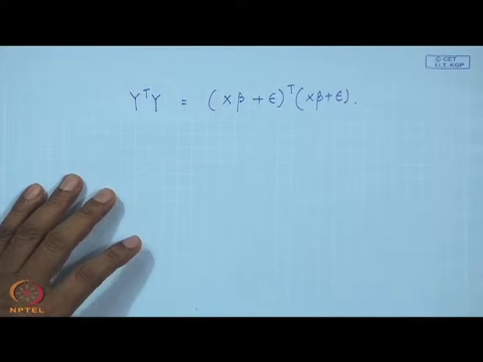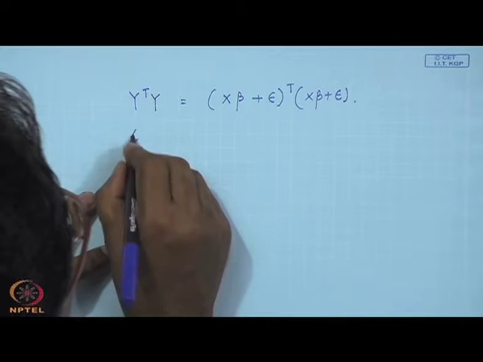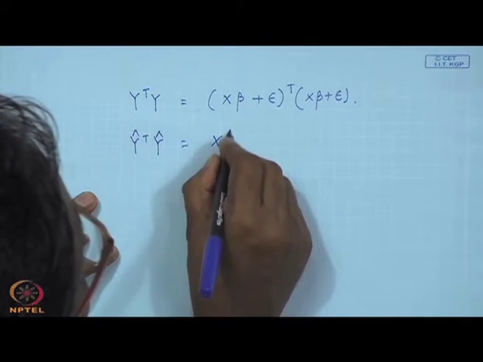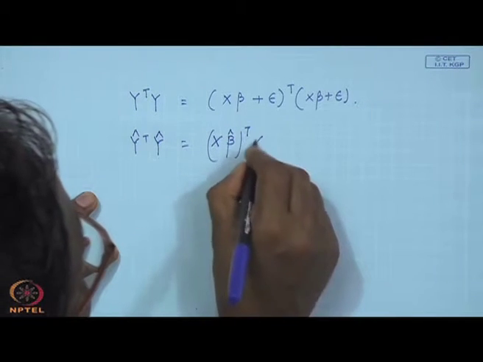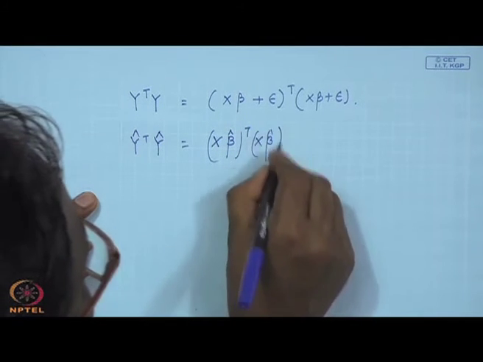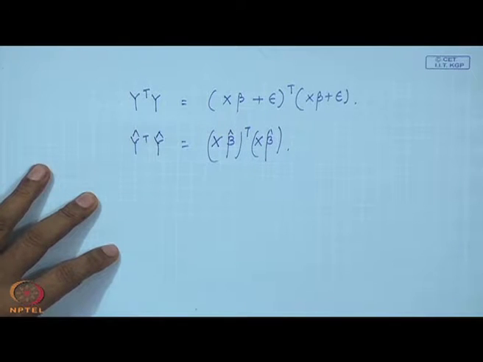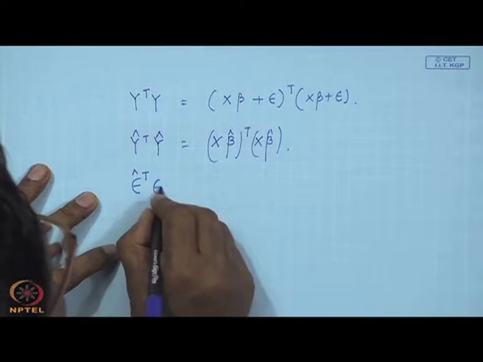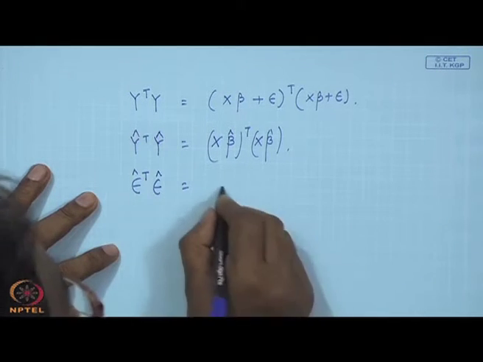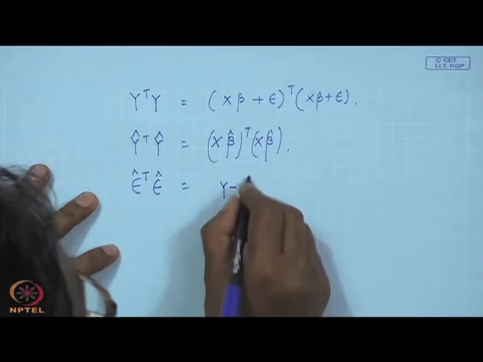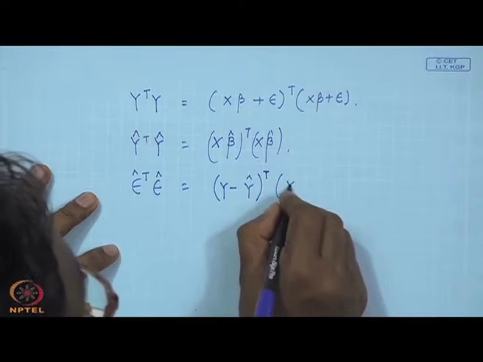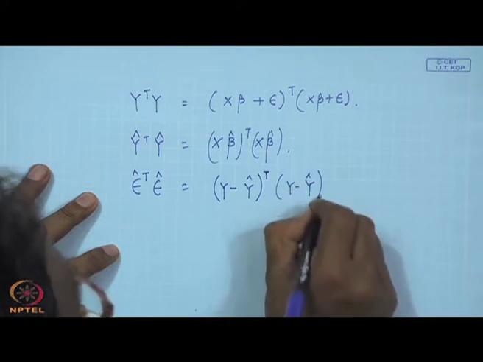Now, if I write Y cap transpose Y cap, this is nothing but X beta cap transpose X beta cap. Similarly, I can write epsilon cap transpose epsilon cap, which is nothing but Y minus Y cap transpose, Y minus Y cap.